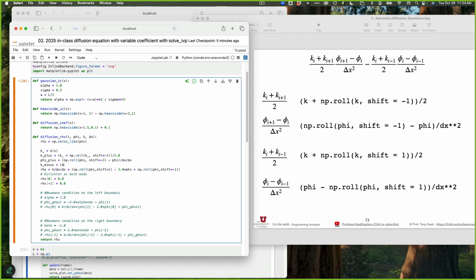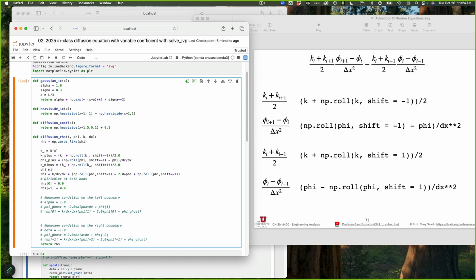And this will be k plus numpy.roll of k with shift equal 1, and that's over 2. And then phi minus is equal to, so that's phi i minus 1 over delta x squared. So this would be phi i minus numpy.roll of phi with shift equal 1, and that's over delta x squared.